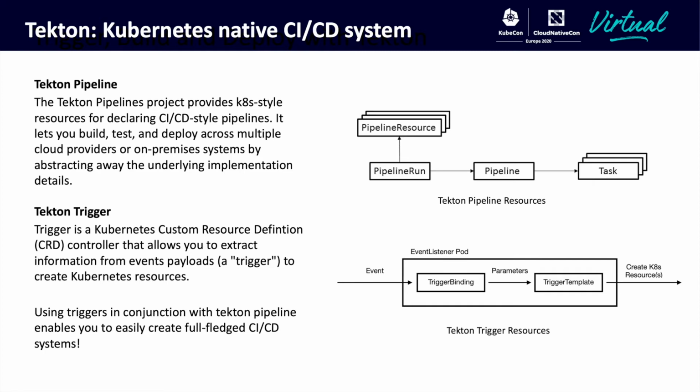Tekton Trigger allows you to extract information from event payloads and feed this information into a pipeline template and run the pipeline, so that you can trigger your pipeline by a cron job event or by a GitHub event. We will use these two features to build the Canary release pipeline. You will see it's automatic and much easier than managing the Kubernetes resources by yourself.